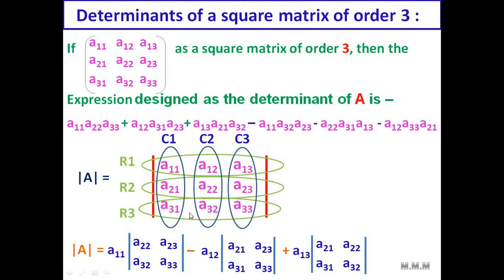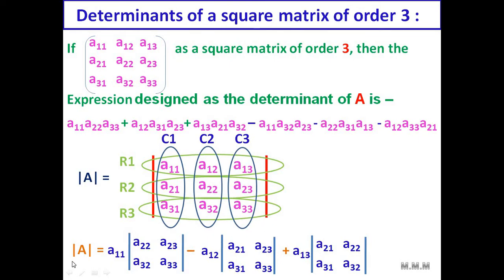And a11, a21, a31 is read as C1, column 1. a12, a22, a32 is known as column 2. And a13, a23, a33 is read as column 3. Always remember it because everywhere we will be using R1, R2 and R3.